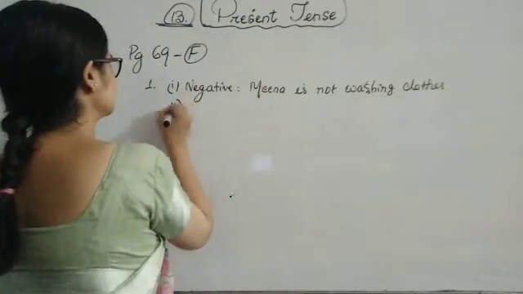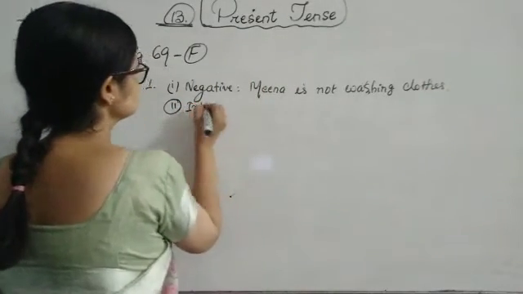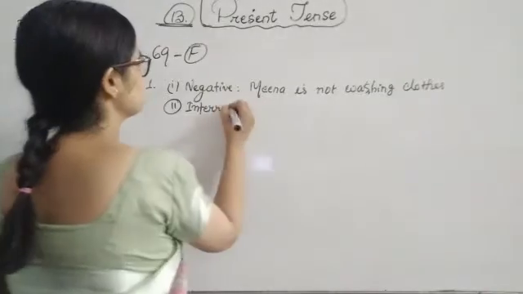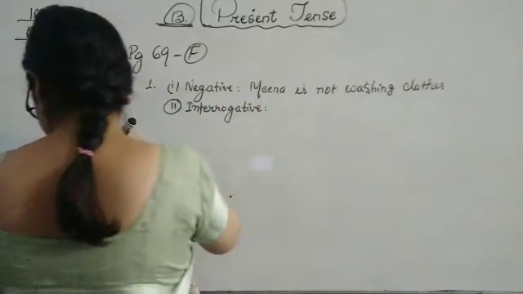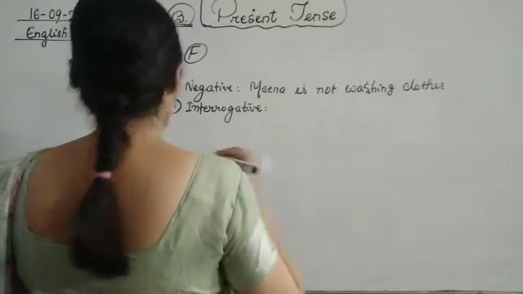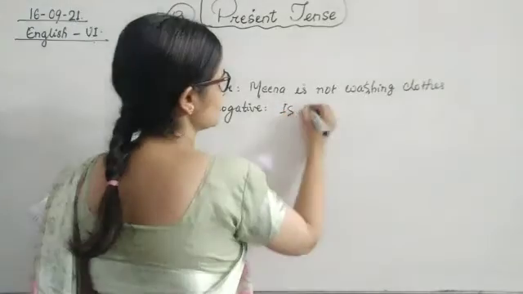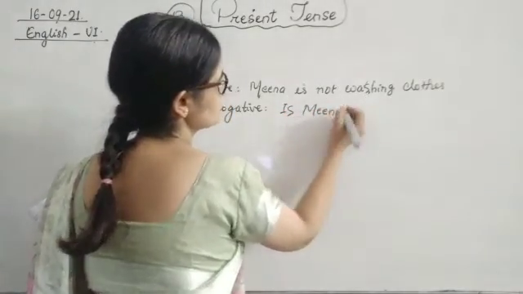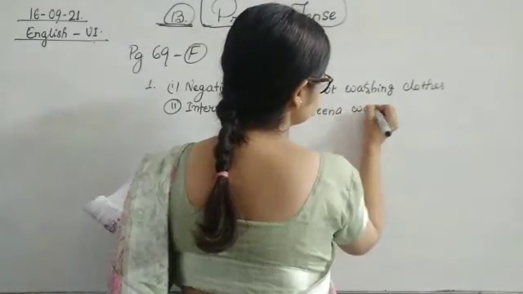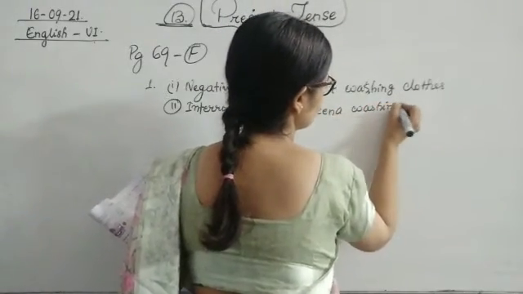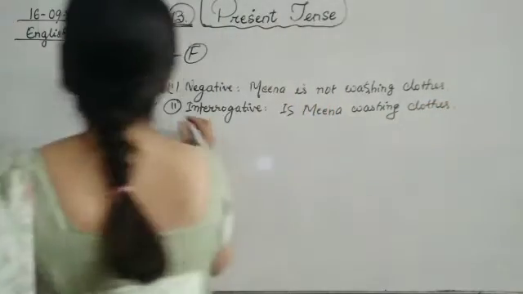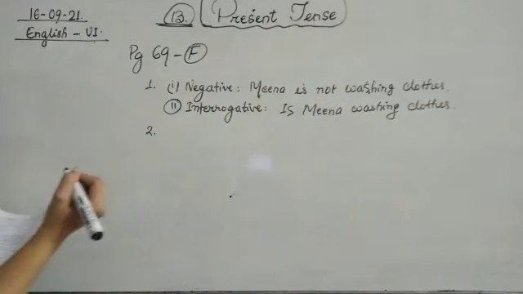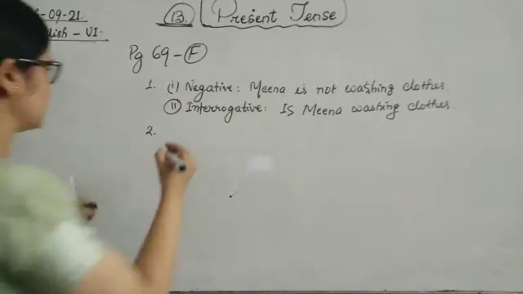Number 1, for interrogative, is Meena washing clothes? Now number 2, Rohan is playing a football match.